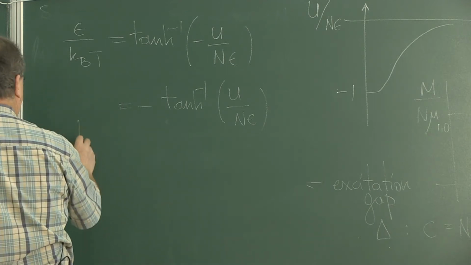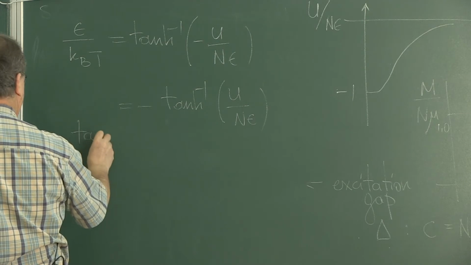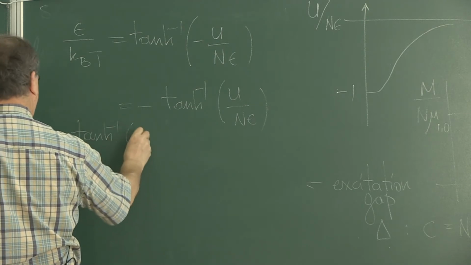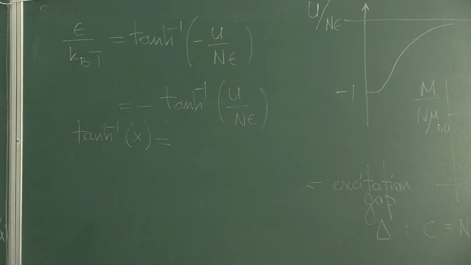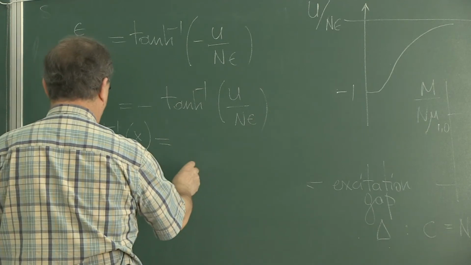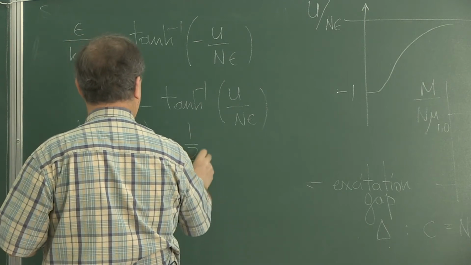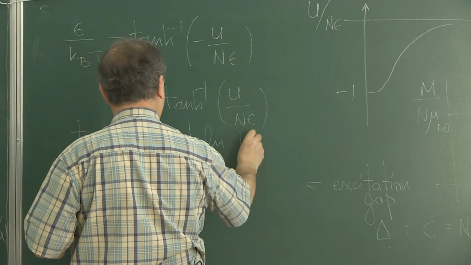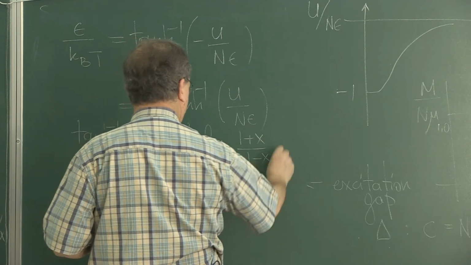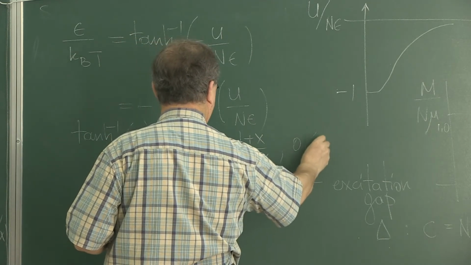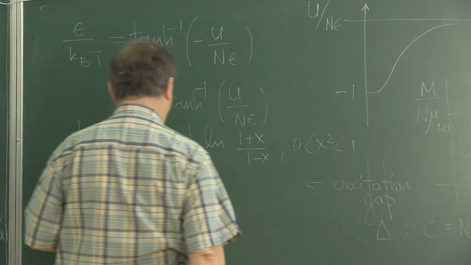Another form you can use is that inverse tangent hyperbolic of x is 1/2 logarithm of (1 plus x) over (1 minus x), if x squared is between 0 and 1.